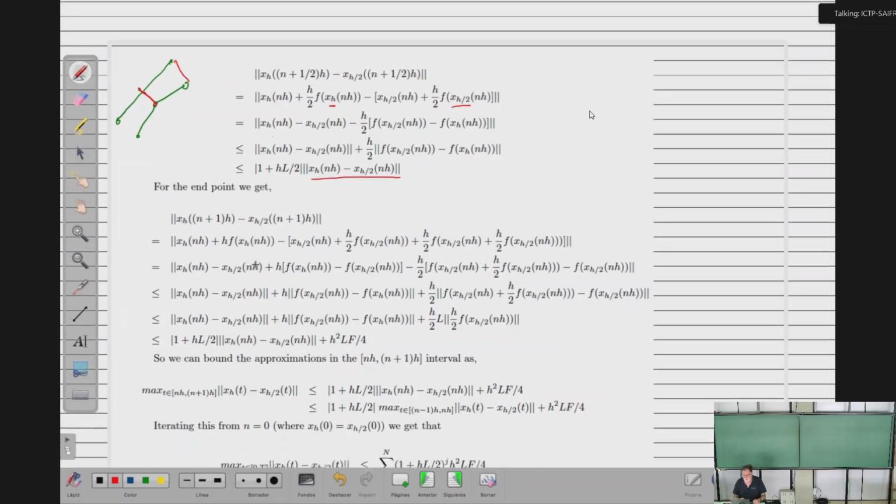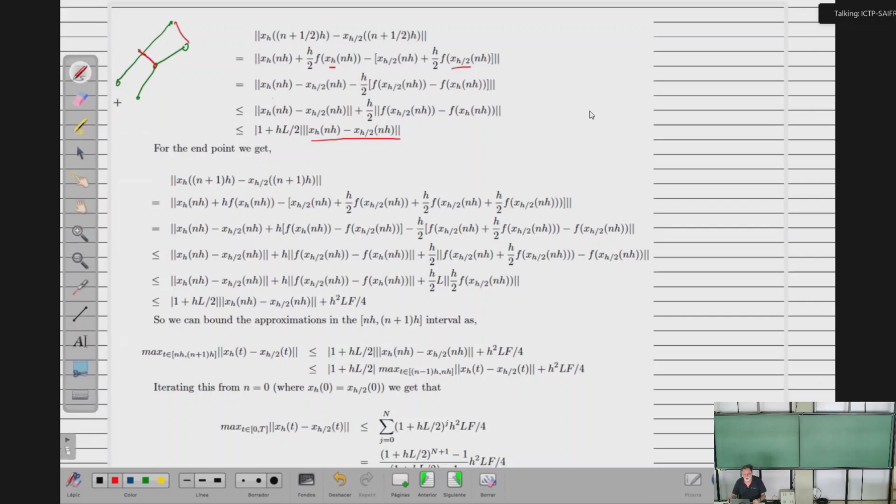So for the endpoint, this distance, I'm writing everything in terms of this distance, right? This is sort of given, and I look at this one and this one, and I'm bounding this one by this factor times this, and now I have to bound this one by some factor times this distance. So this is a bit longer, because here I have to do 2 steps, and these are the steps.